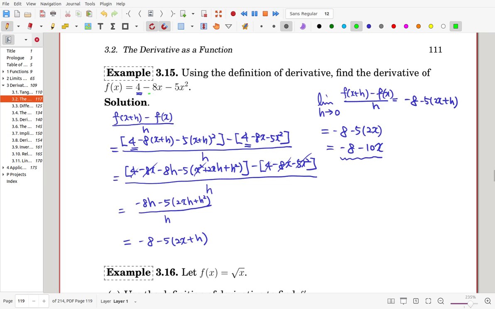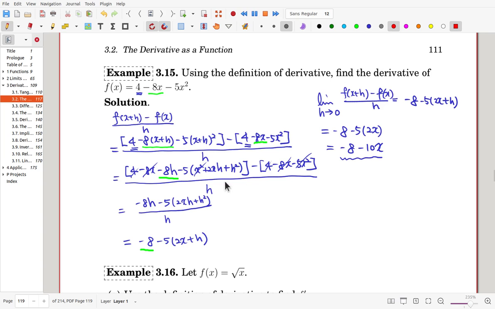It appears here, and that term makes this portion; it's not easy to see, but it cancels out and the remaining part is minus 8h, which divided by h gives minus 8.